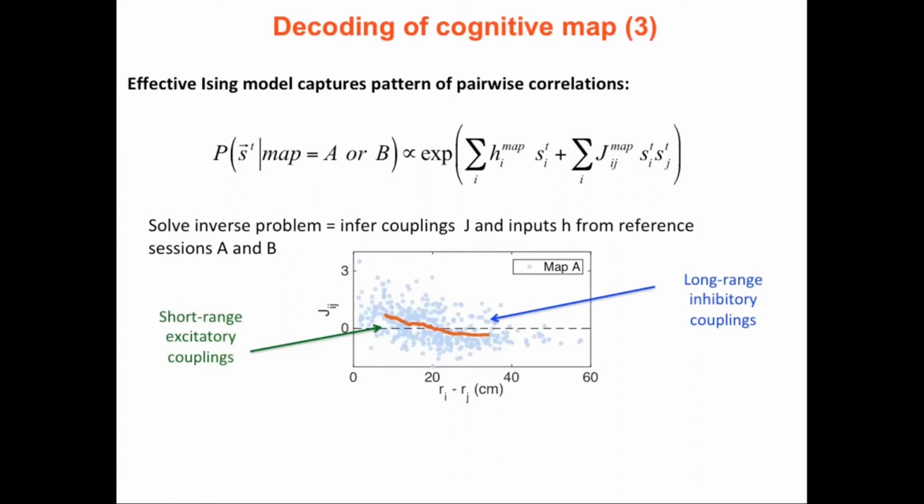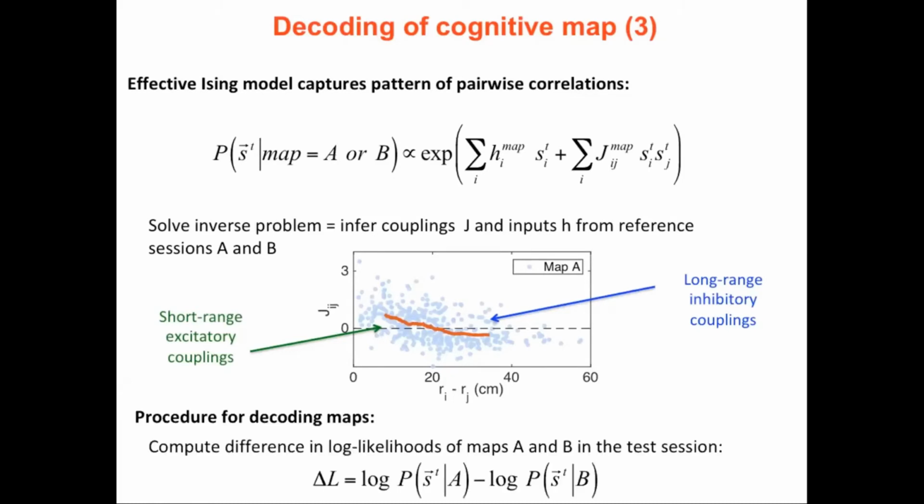This is very nice because that corresponds exactly to the ingredient we put in the model I explained yesterday. In particular, this is exactly what the Tsodyks-Sejnowski model is about. So we find that the data are actually compatible with the abstract model I introduced yesterday.